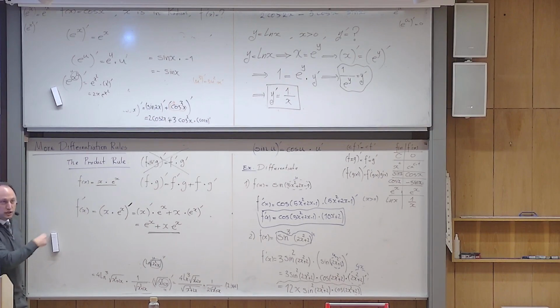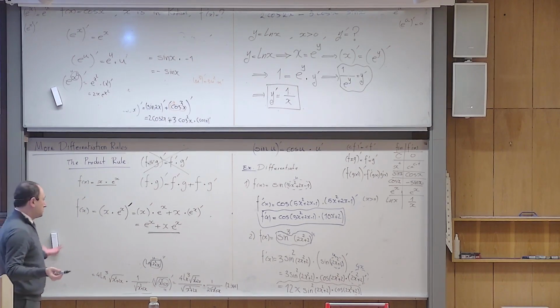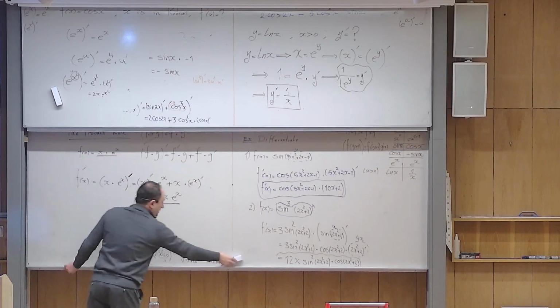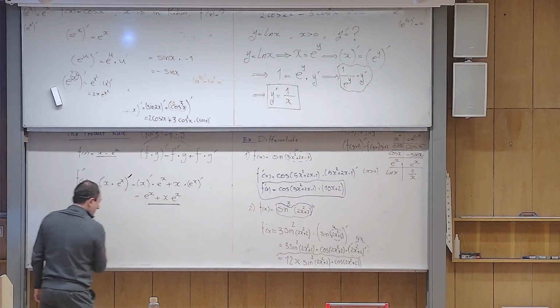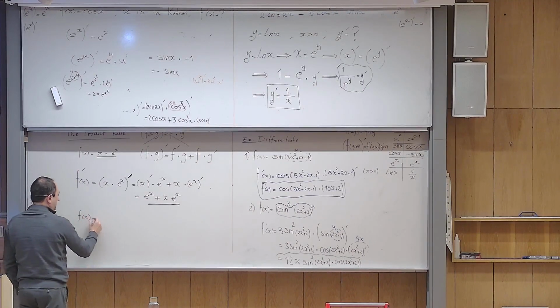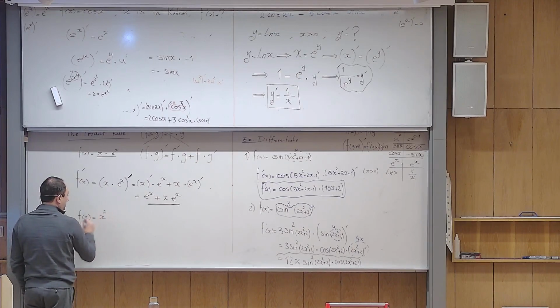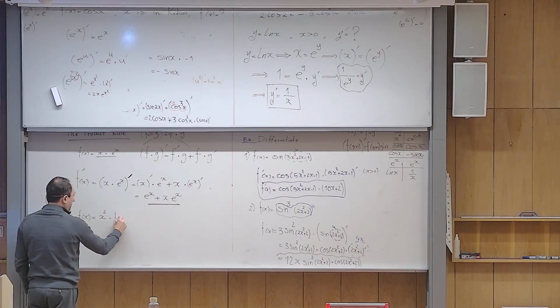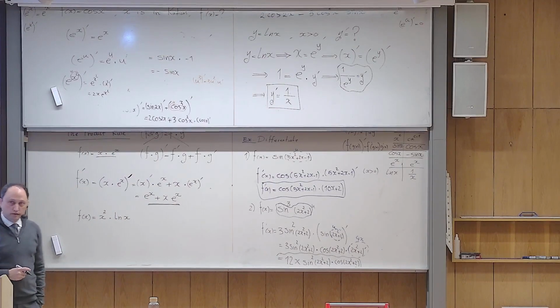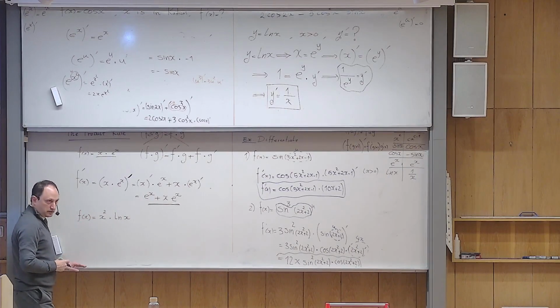And then of course you can combine all these rules in one problem. Let me give you an example. Let me start with another simple one: x to power 2 multiplied by ln of x. So you want to take the derivative of this function. First of all, do you feel that this is the new lesson?